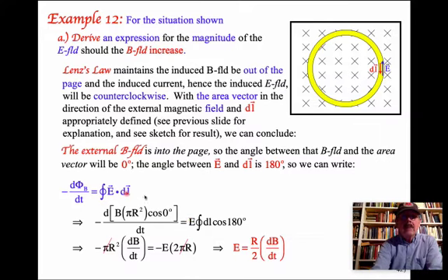I'm going to have dl, and then the angle between those two is going to be 180 degrees. You can just see it looking there. So this is going to give you a negative sign, and you fuss with the math. The only thing that's changing here is B. By the time you get done, you get this expression that says E is equal to R over 2 times the rate at which B changes with time.